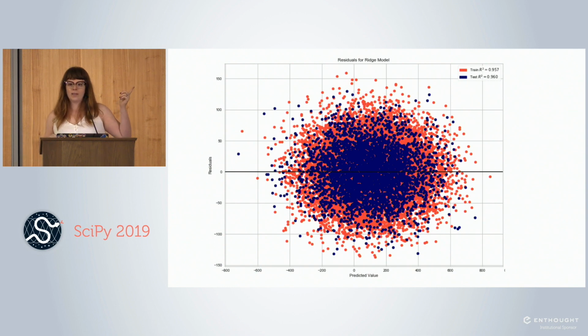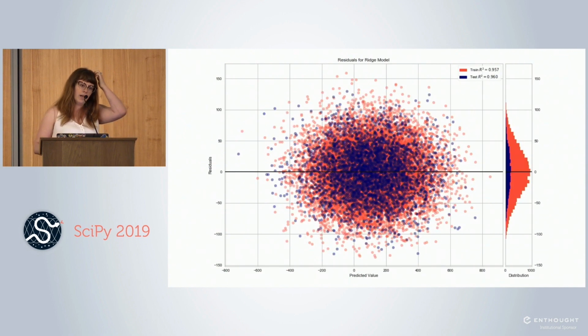What's tricky about this is that when you have a whole lot of data points, you have a whole lot of residuals. And if they're all plotted on top of each other, it's quite difficult to actually see if there are patterns or not. So one of the things that we have introduced in Yellowbrick is a slight tweak that I think helps you scale that insight as your data set grows.